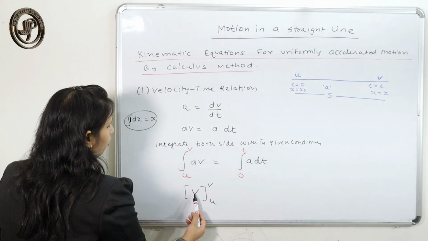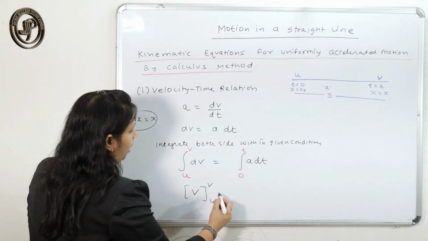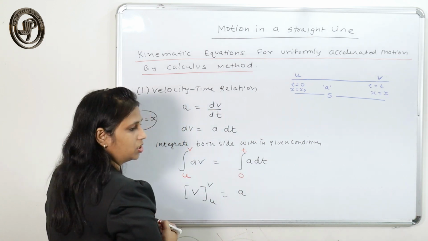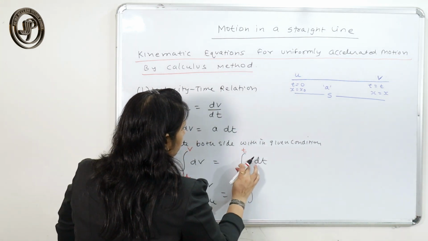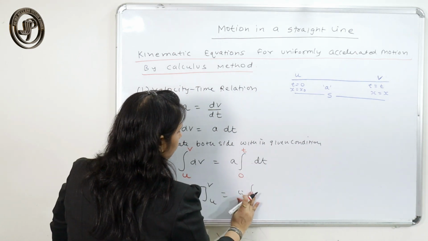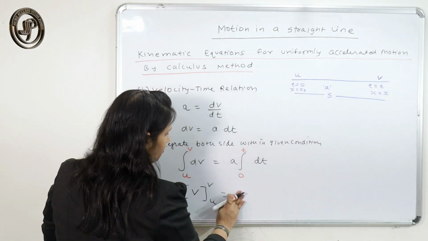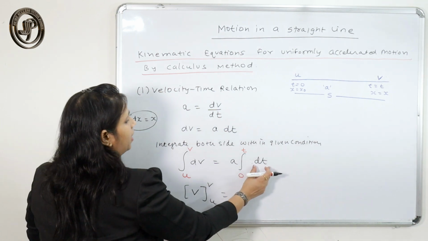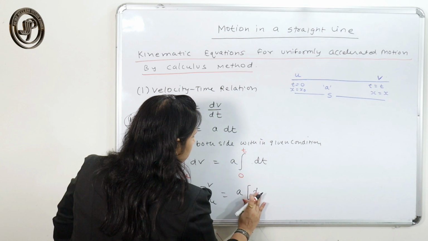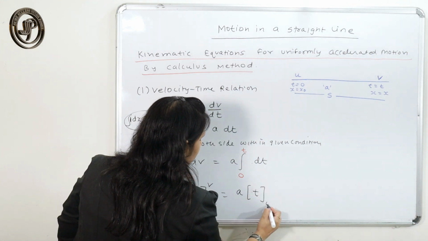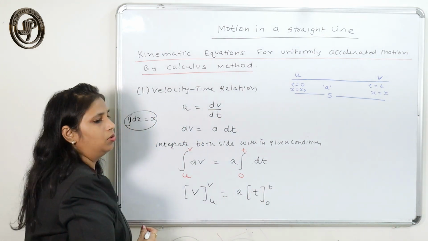That's why the integral of dv will be v only. Here a is constant, so we take a out of the integral, and the integral of dt is t, with the limit 0 to t.